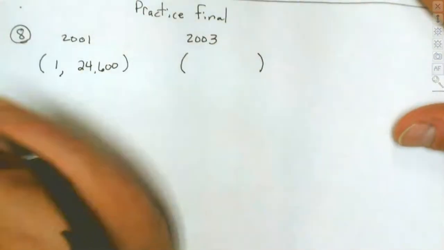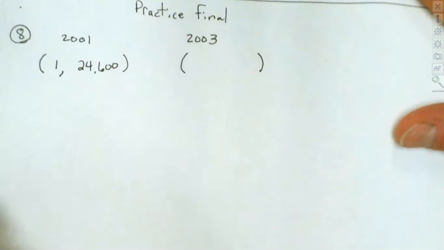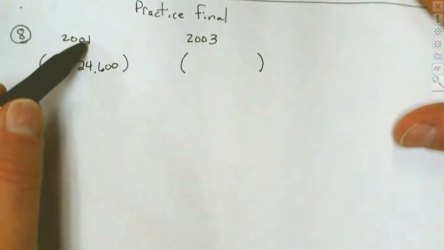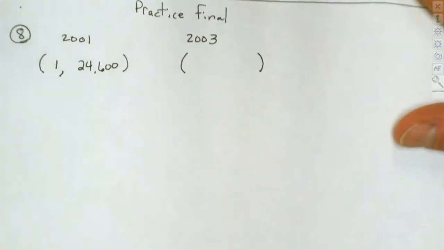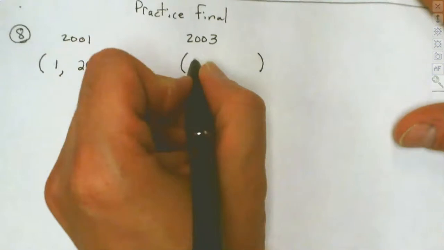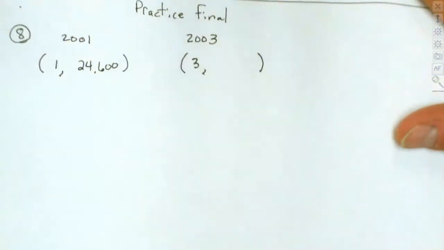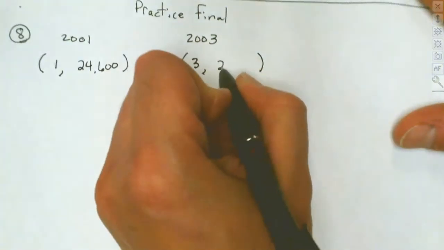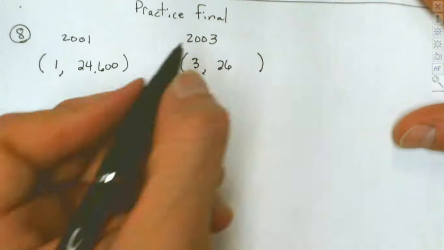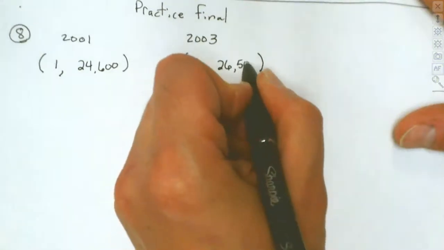So that's your y value. X is the year, y is the salary, and we use 1 to represent 2001. We also want 2003, so we're going to use a 3 to represent 2003. And we go to our chart, and our salary is 26,500.